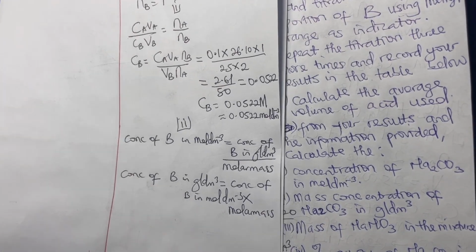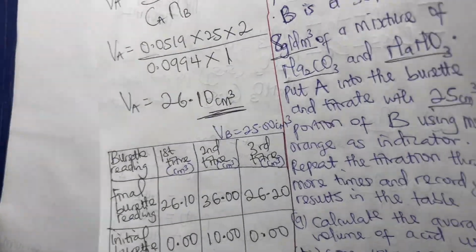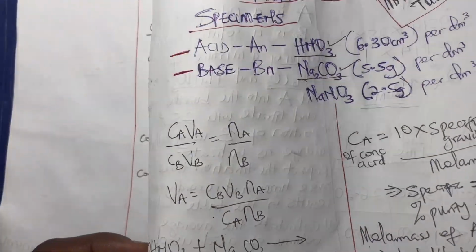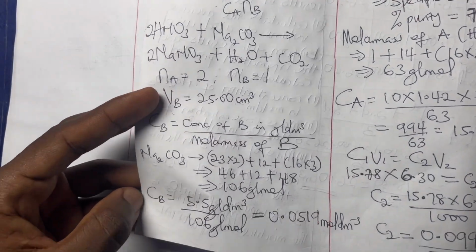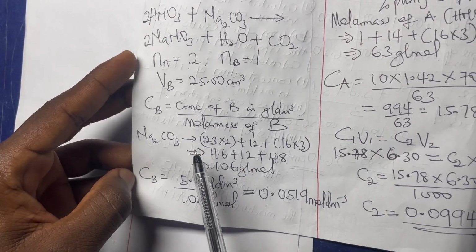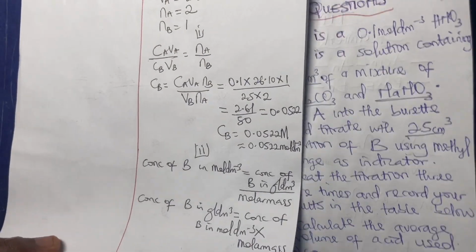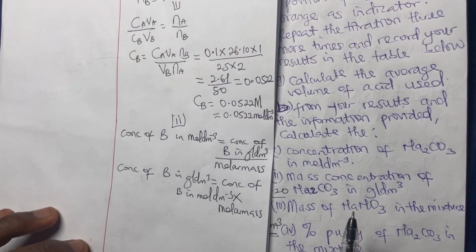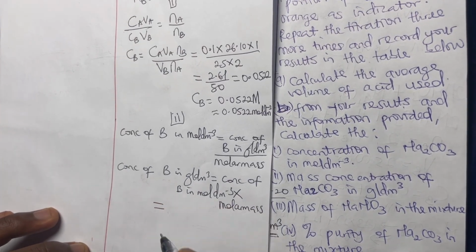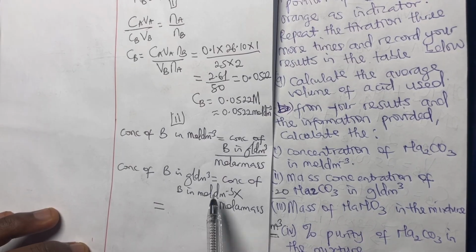Let me check here. I think I've done that in my part A. The molar mass of Na2CO3 is 106 gram per mole. So let me write the 106 here.